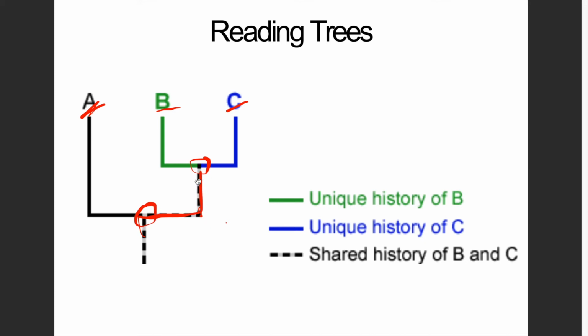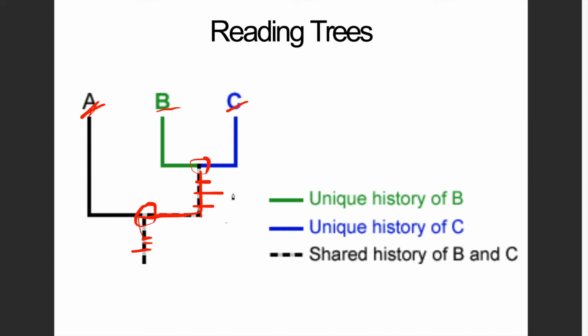All the organisms that are present here, here, and here are common ancestors of taxon B and C. While organisms that are here, here, and here, although they might be dead or extinct right now, are common ancestors of all the organisms in this tree, all these taxa.